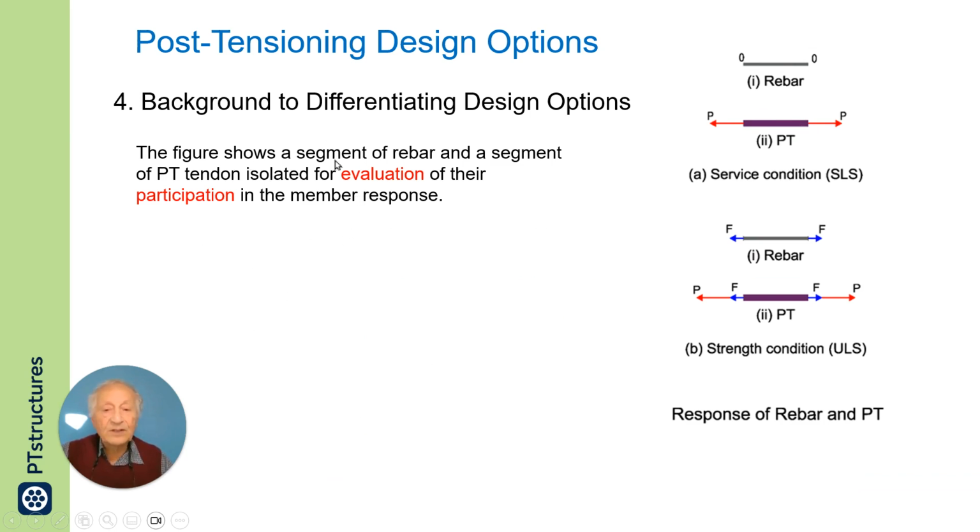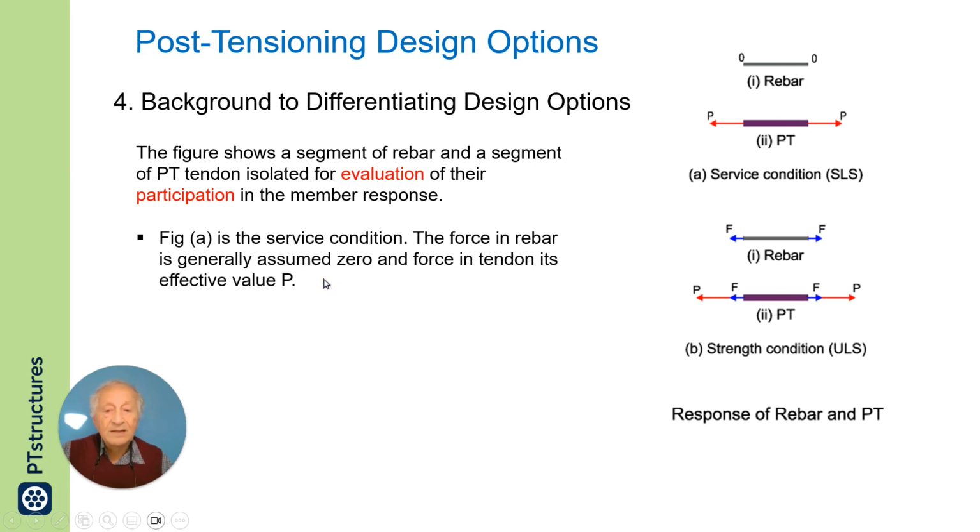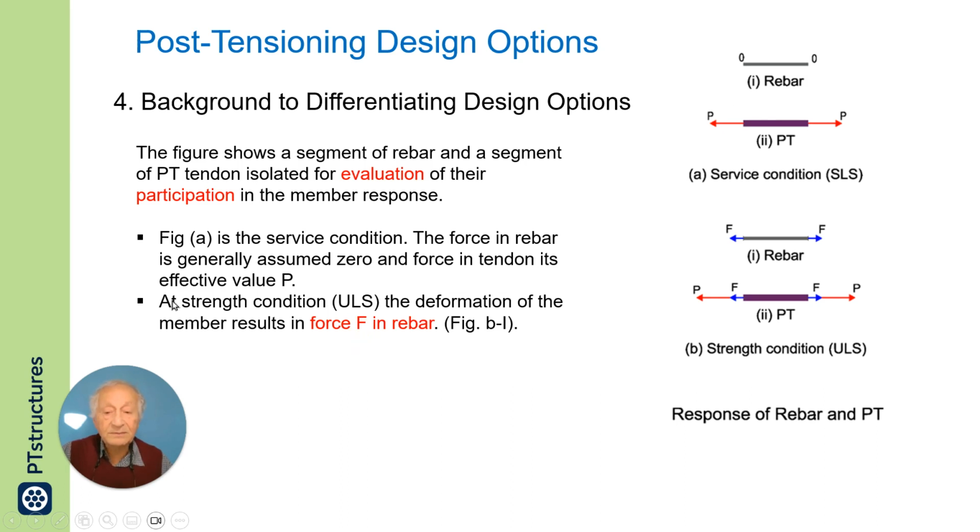Now, the figure shows a segment of rebar. For evaluation, we look at these two segments. In service condition, the force in rebar is generally assumed 0, and the force in tendon is assumed as P. That is what we have to start with.